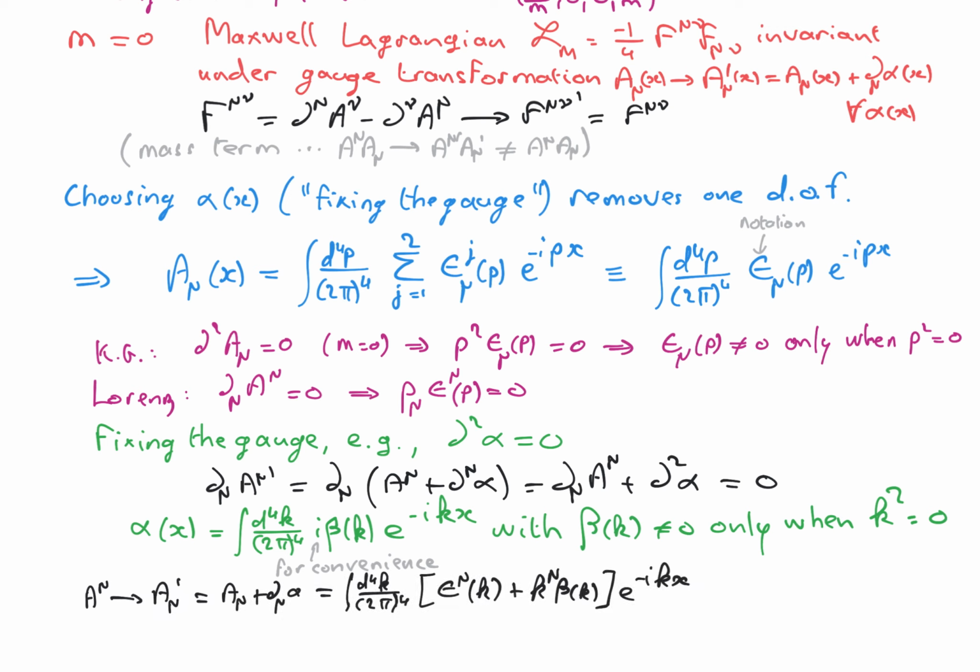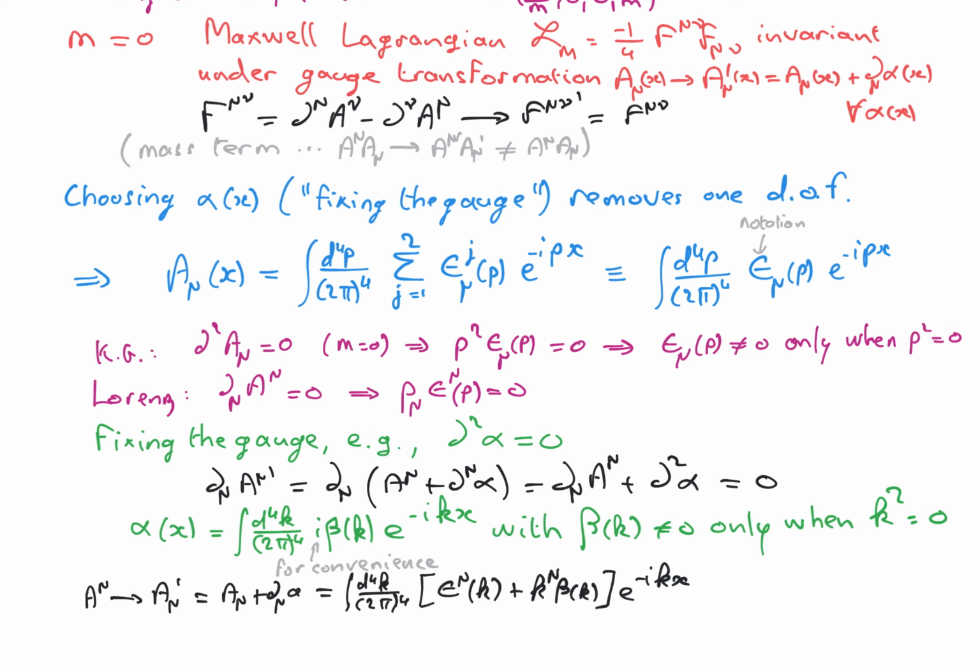So we see that residual gauge freedom is equivalent to allowing the polarization vector epsilon mu to change by a factor of k mu. And we can use this freedom, that is choosing beta, in such a way that we can simplify our polarization vector.